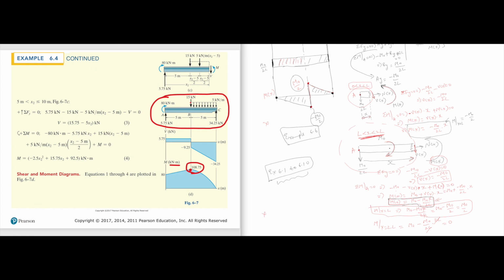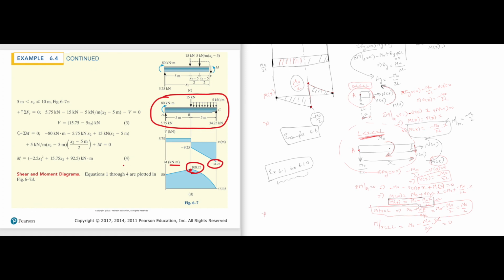If you use 80, you'll get the wrong answer. If I ask you what is the maximum stress that would occur in this material, you have to use the maximum value of bending moment. Or if I ask you the maximum shear stress, you have to use this number, because it seems that at C you have the maximum shear stress. And due to moment, you have stress, and this is the value you have to use.